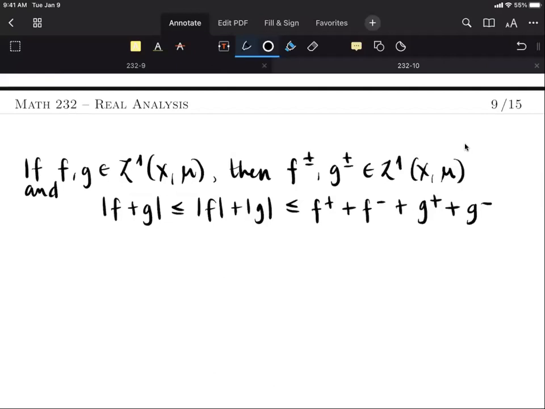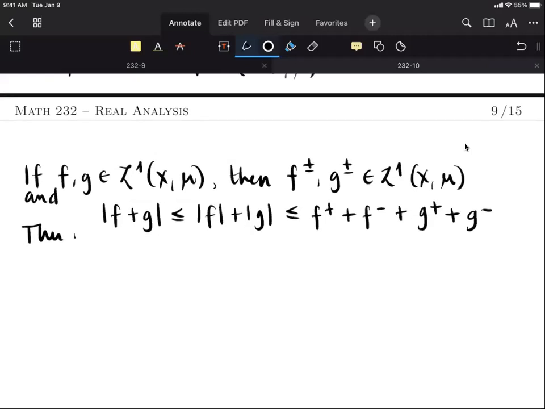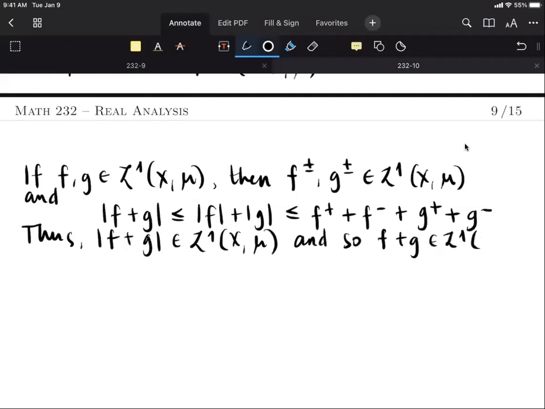So the integrals of all functions on the right are finite, thus the absolute value of f plus g is Lebesgue integrable. And so we know that a function is integrable if and only if its absolute value is also integrable. So the sum is also integrable.